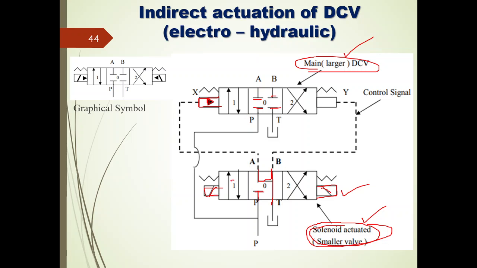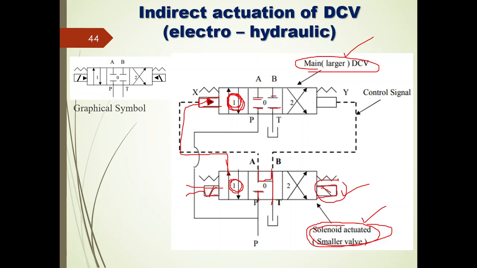In order to actuate the first position of the smaller direction control valve, I should give the electric voltage to actuate this solenoid. Once this position is actuated, then obviously the flow will take place from this end to this end, right? So this position of the main direction control valve is actuated.